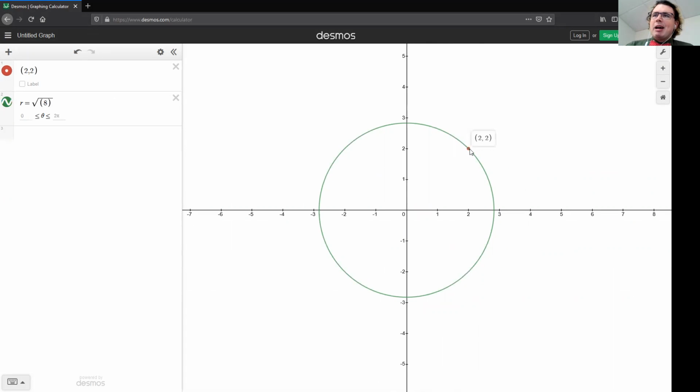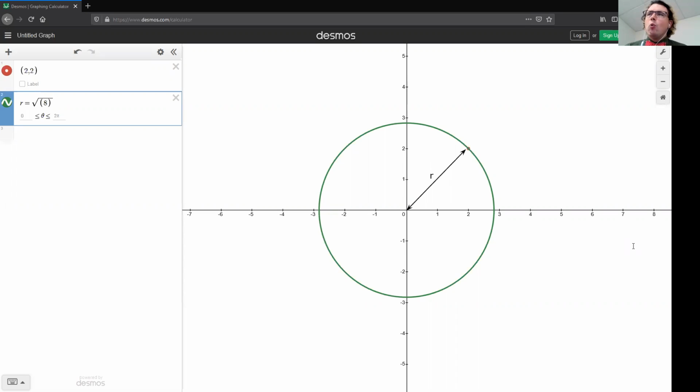The point that I care about here in red is that distance away from the origin, but so is every other point on this circle. So I'm going to keep using this letter r for the radius. This is the distance from the point to the origin. But that's not enough information by itself to tell me where this point is going to be.